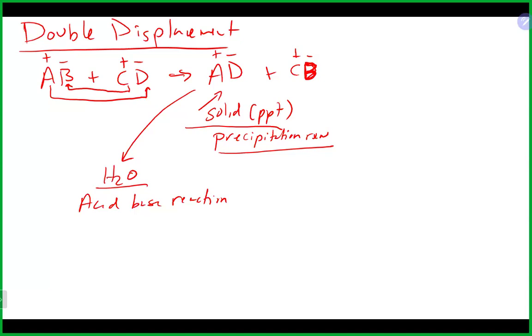The double displacement reaction really accounts for two of the three reasons why reactions take place. It accounts for a solid being formed, and it accounts for water being formed, and these are the reactions that do that.